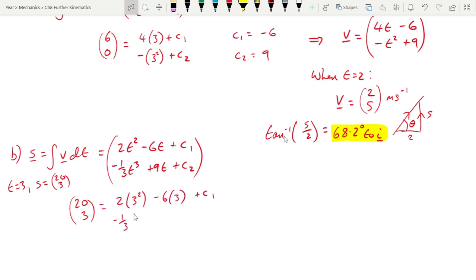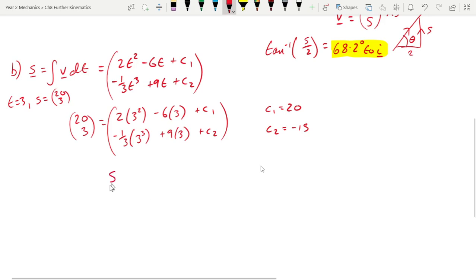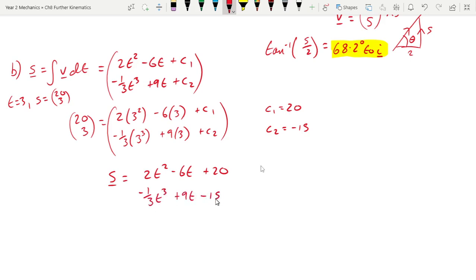Down the bottom, minus a third times 3 cubed, plus 9 times 3, plus c2. If we solve both of those, the top equation gives me that c1 is 20, and the bottom equation tells me that c2 is minus 15. So our full equation for the displacement is (2t squared minus 6t plus 20, minus a third t cubed plus 9t minus 15).